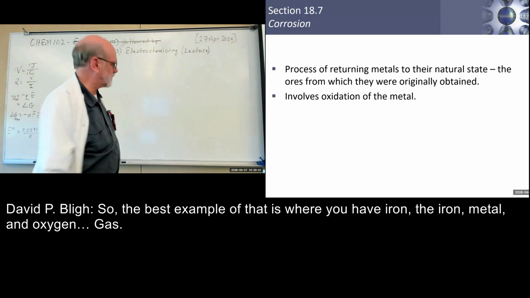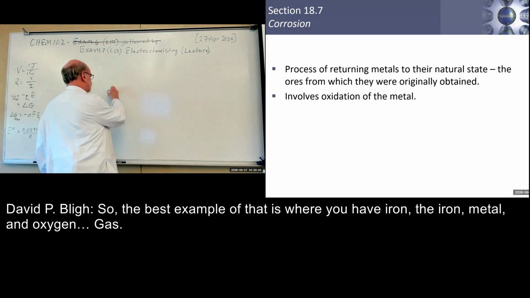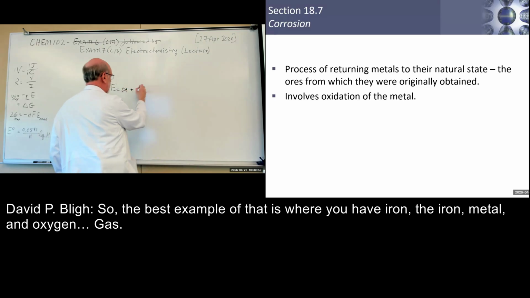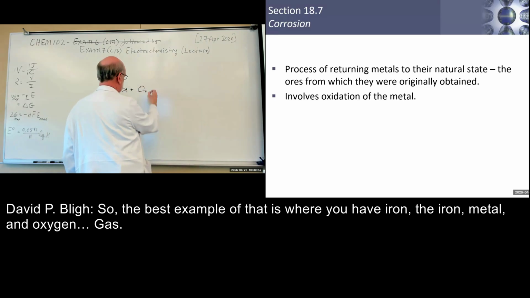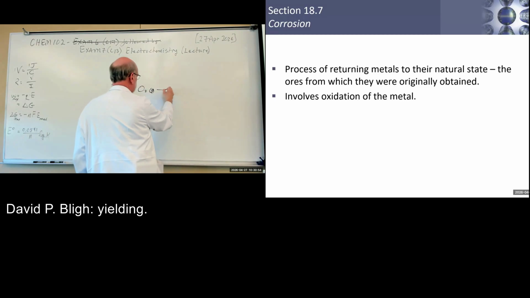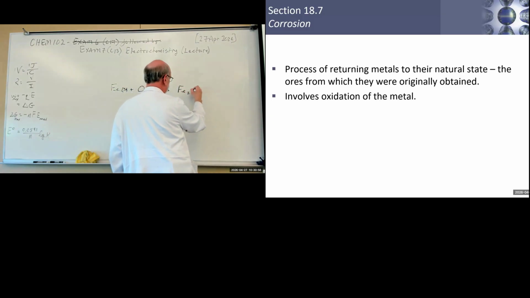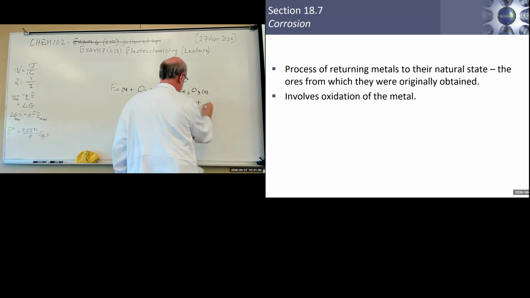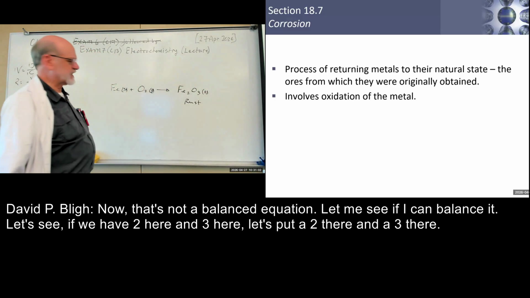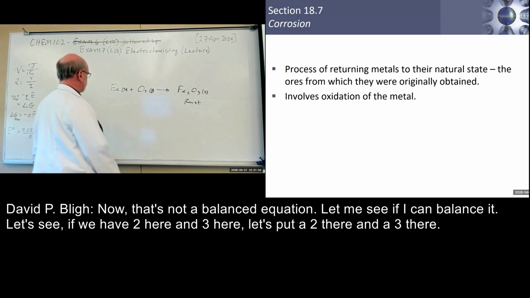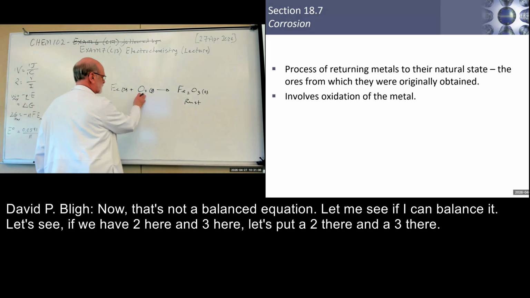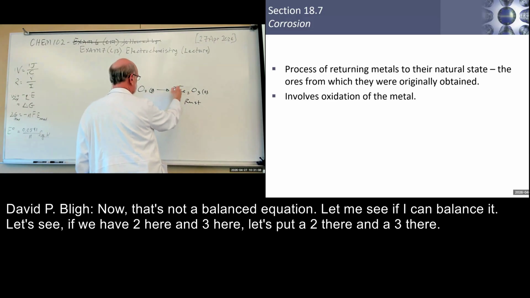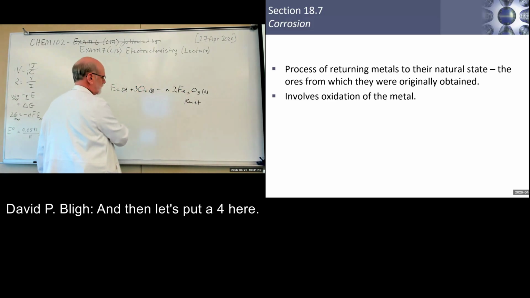So the best example of that is where you have iron. The iron metal and oxygen gas yielding rust. Now, that's not a balanced equation. Let me see if I can balance it. Let's see, if we have 2 here and 3 here, let's put a 2 there and a 3 there.